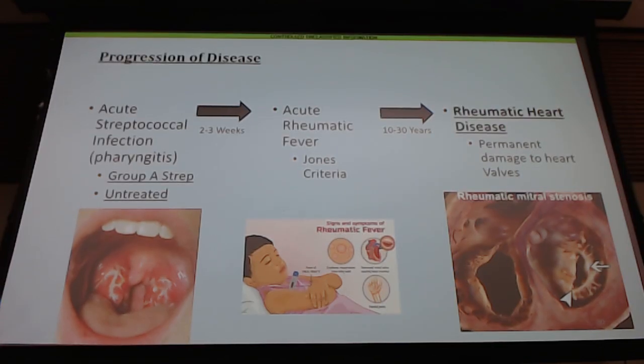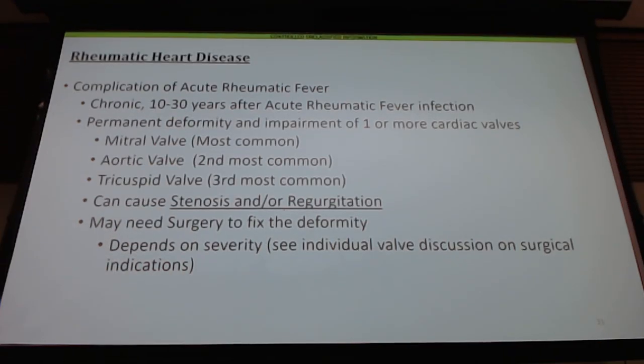All right. So let's go back to our continuum of strep infections, and we talked about the middle column, the acute rheumatic fever. Now let's fast forward. This person didn't get the appropriate care for the rheumatic fever, and now 10 to 30 years go by, and now they're coming in with rheumatic heart disease. And now you have permanent damage to the cardiac structures, particularly the heart valves.